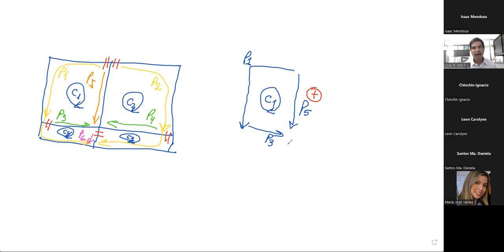Okay, Mr. Mendez, how about path 3 and 1? Are they positive or negative? Negative, because you see that in this part here, the path 1 goes to the left, and path 3 in this part goes to the right.